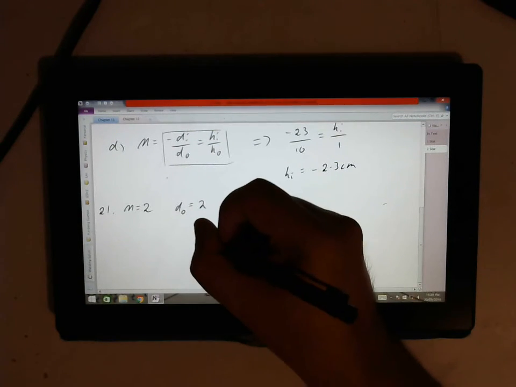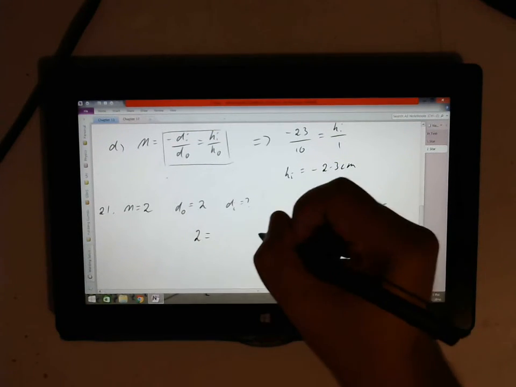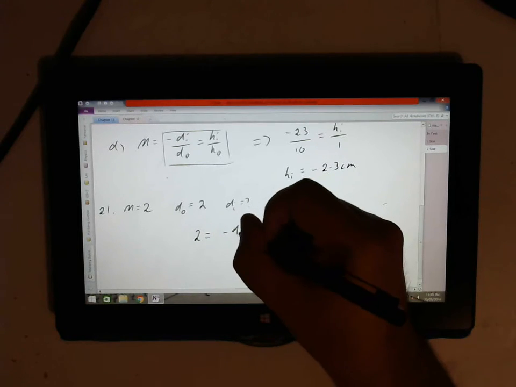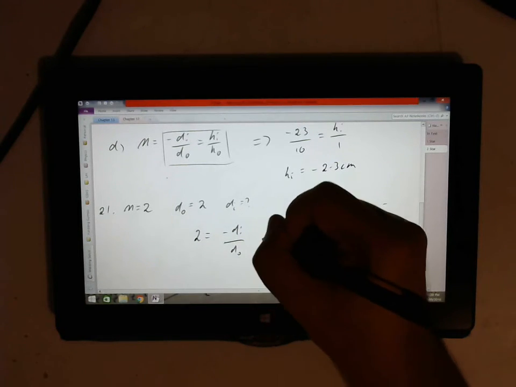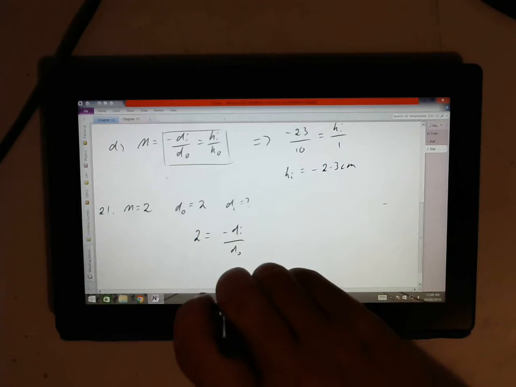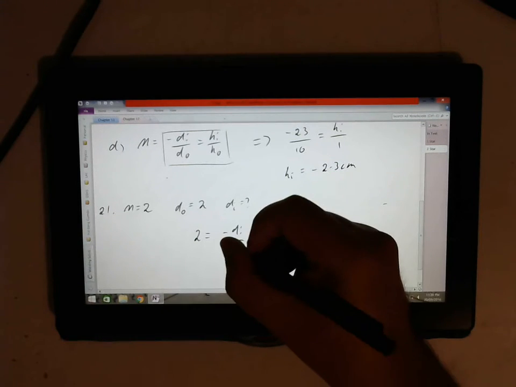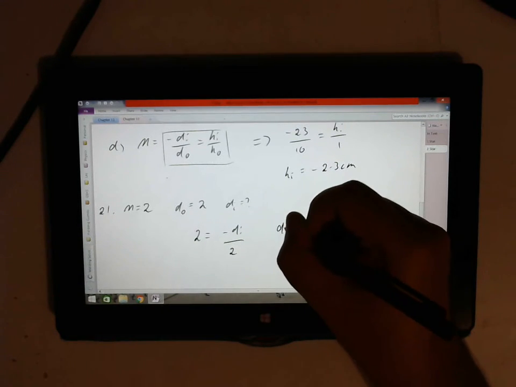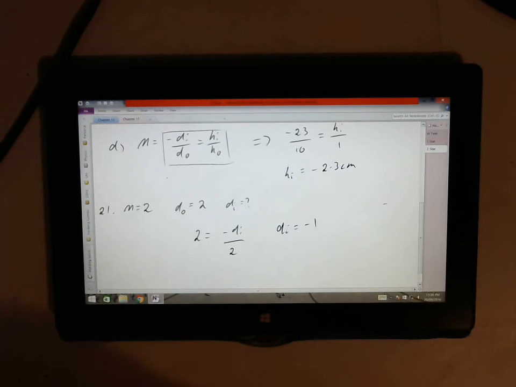Okay, so 2 equals negative DI over DO. Let's substitute that. 2. Then DI will just equal negative 1.